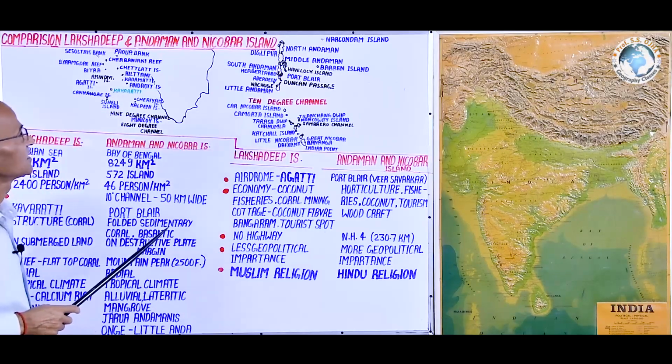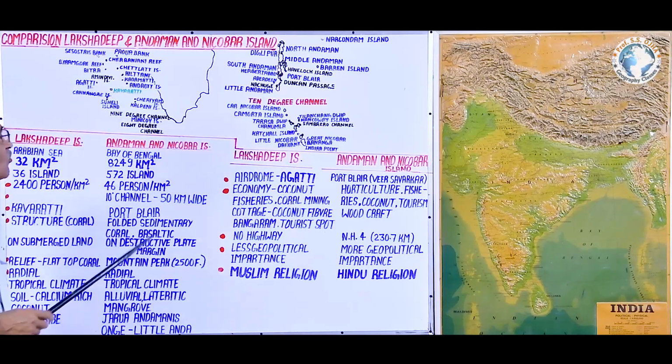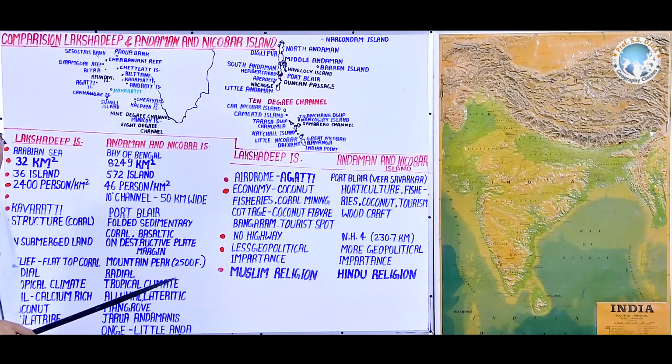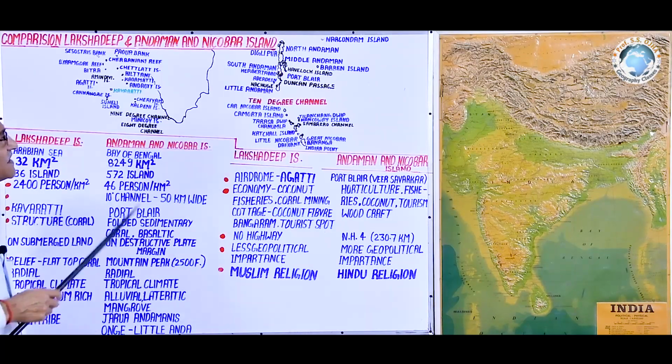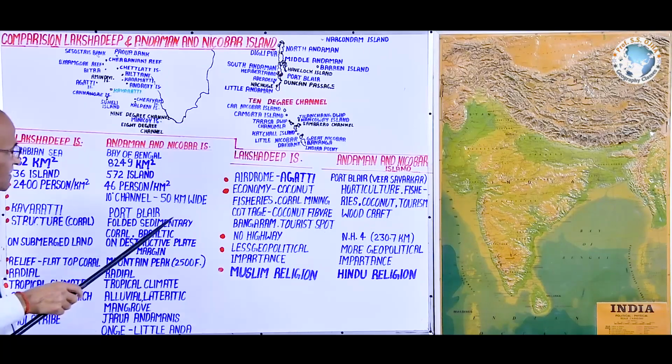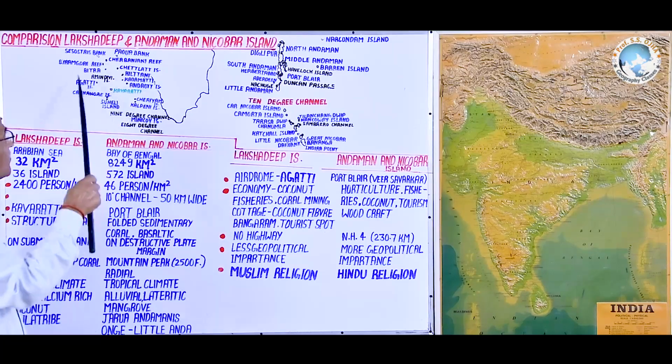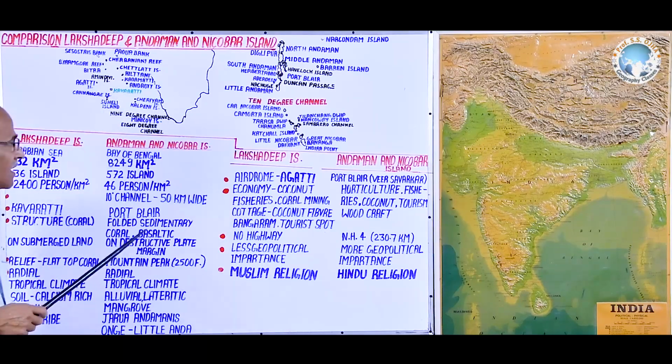Now, sometimes the Commission expects that you can compare Lakshadweep and Andaman and Nicobar. Once there was a question to compare the structural difference of the two groups of islands, but here we are discussing a comparative study of all the geographical, social, human and environmental aspects between Lakshadweep and the Andaman group of islands, and this will give you a composite picture.